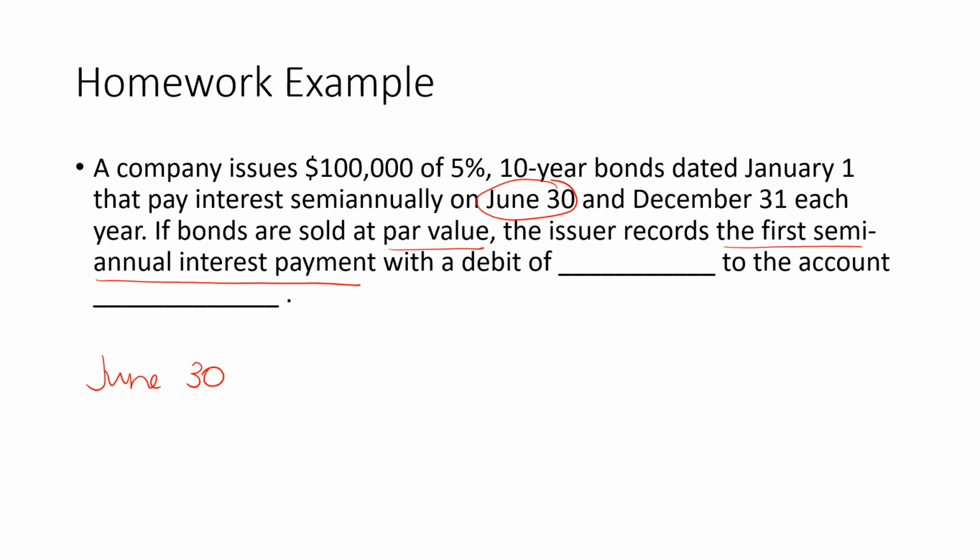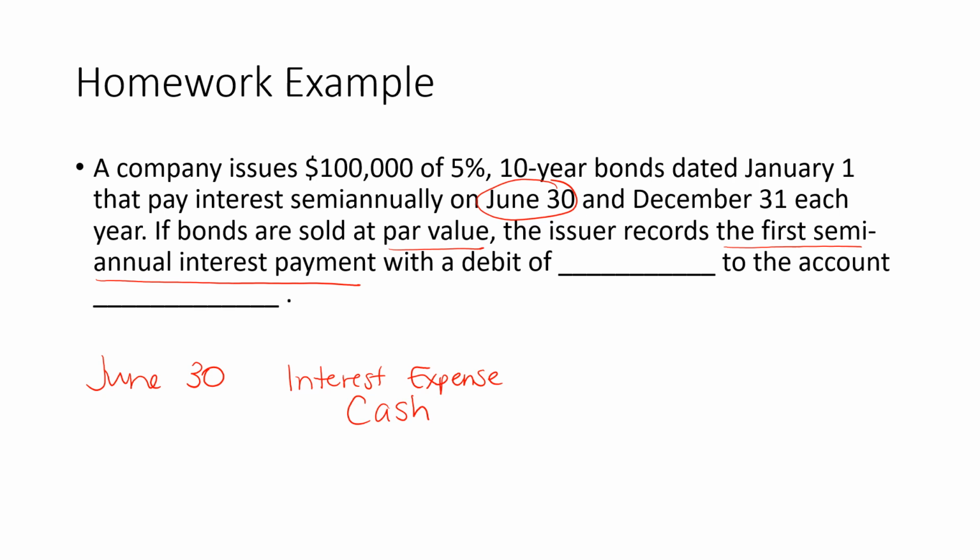When a corporation pays interest, the debit is to interest expense, and because the corporation is paying this interest in cash, we credit cash. And now we have to determine the amount of interest expense for that first semi-annual payment.